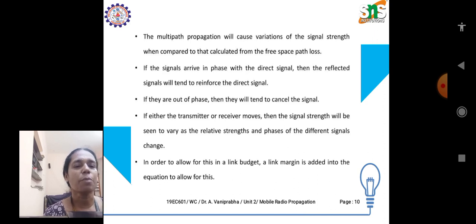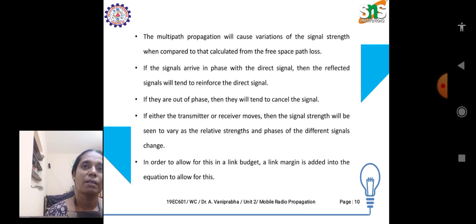The multipath propagation will cause variations of the signal strength when compared to that calculated from the free space path loss. If the signals arrive in phase with the direct signal, then the reflected signals tend to reinforce the direct signal. Then the resultant signal will be the sum of the direct signal and the reflected signal. If they are out of phase, then there will be a cancellation of the signals.